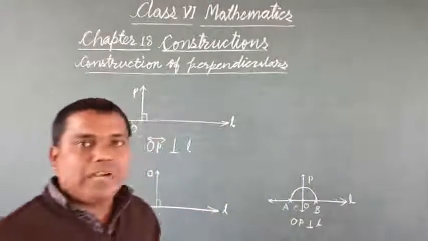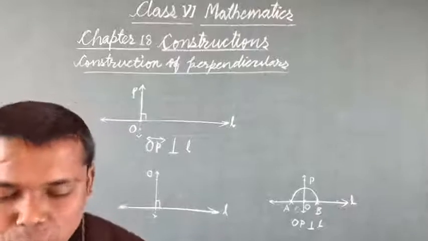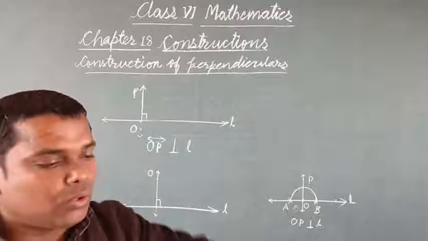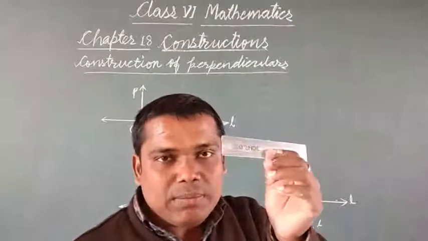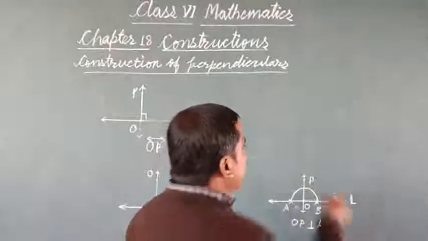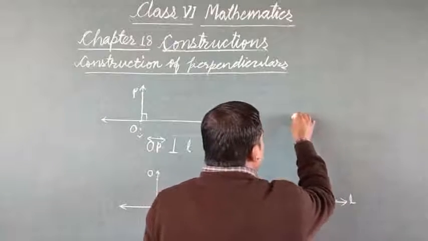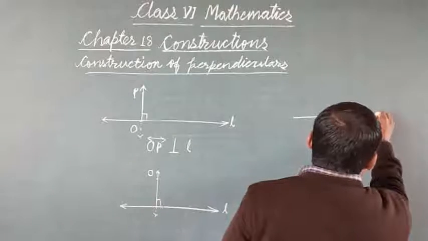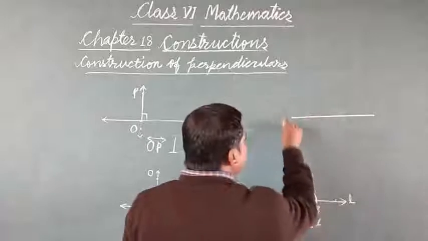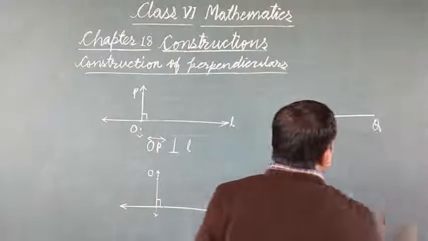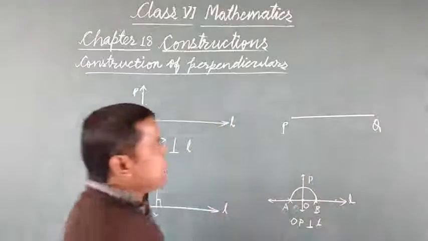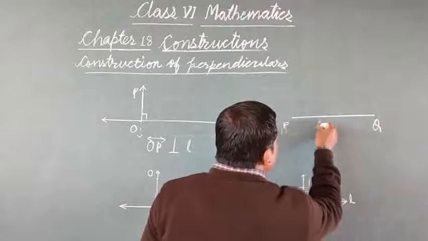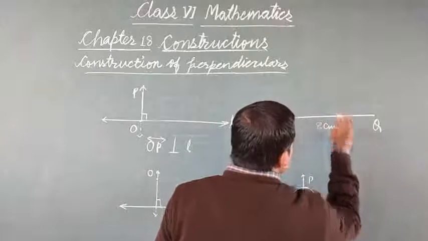First of all, we will draw the line segment with the help of a ruler on the notebook. Suppose we have to draw 8 centimeter, then we take one point at 0, and draw an 8 centimeter line segment, say PQ. PQ is a line segment having length 8 centimeter.